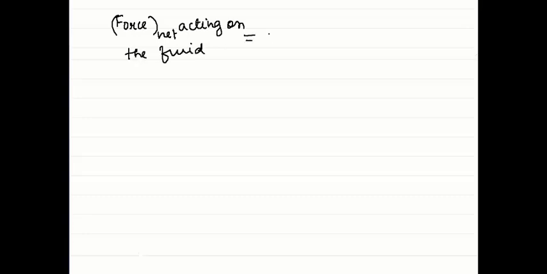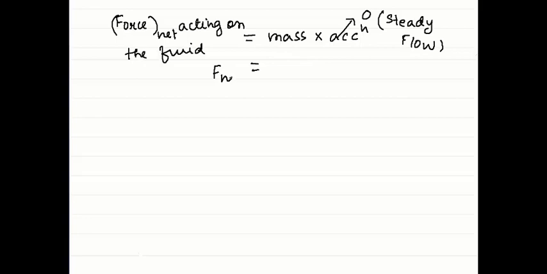So the net force acting on the fluid should be mass into acceleration, and since the acceleration is 0 because it is a steady flow, the net force acting will be 0. We have to keep this in mind while deriving.